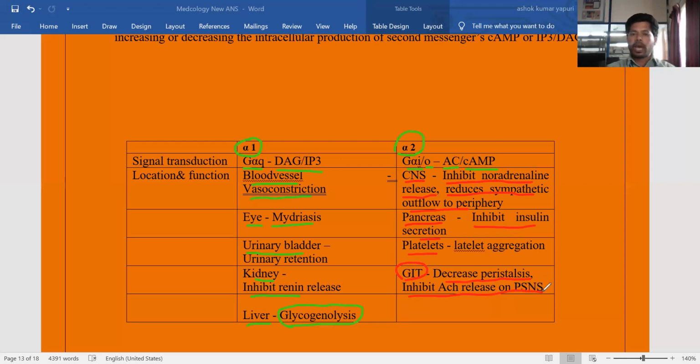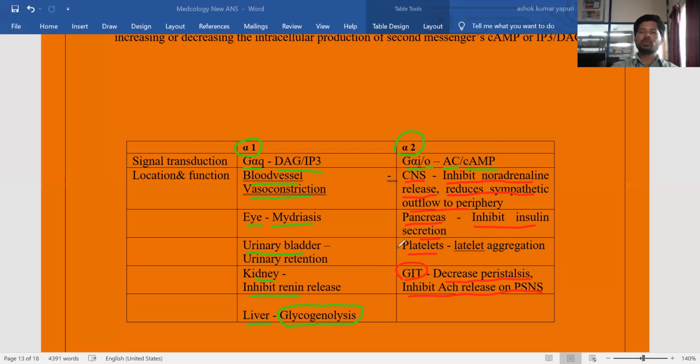Generally, parasympathetic acetylcholine on the GIT increases peristaltic movement and promotes digestion and absorption. But here, the alpha-2 receptors are sympathetic adrenergic receptors. They oppose the parasympathetic acetylcholine action on the GIT, and they reduce the peristaltic movements by inhibition of the release of acetylcholine from the parasympathetic nervous system.